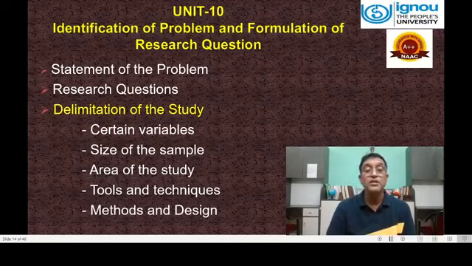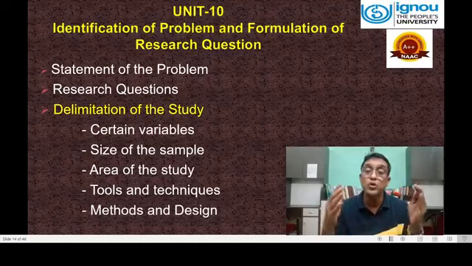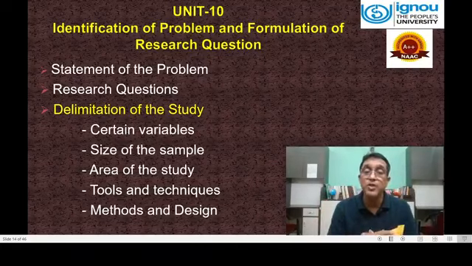And further, size of the sample is another important aspect. When you go through the title of your study, you will find certain ideas about the area, but so far as size of the sample is concerned, many a time it is simply not possible to conduct the study, if it is a quantitative study, if it is a survey type of study, by taking the entire unit of the population.